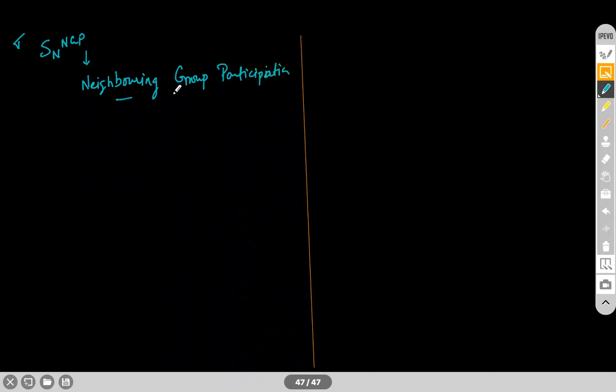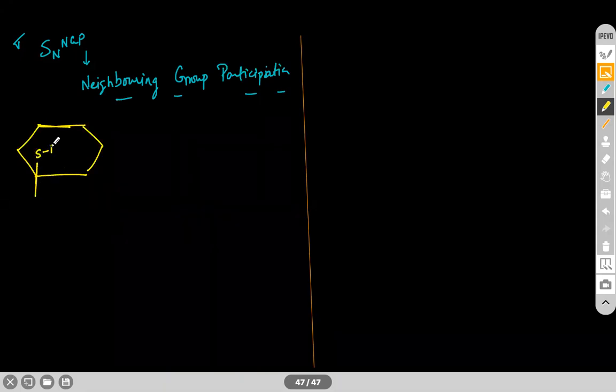Okay. So this reaction goes like this. Suppose we have a compound, and the condition of this reaction, I'll tell you what it is. Suppose this is a compound we have, six-member ring, and here we have sulfur phenyl.